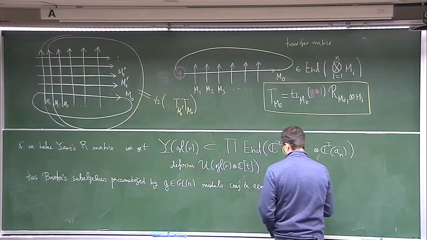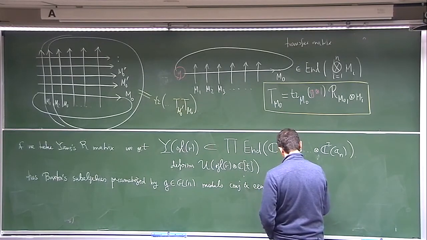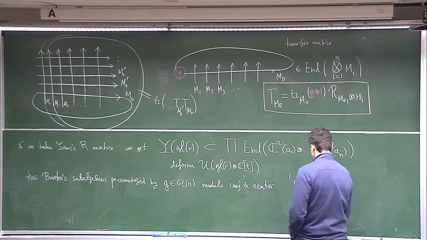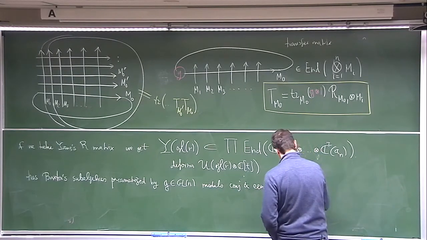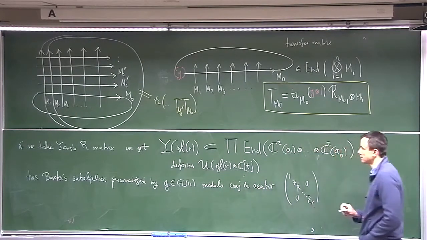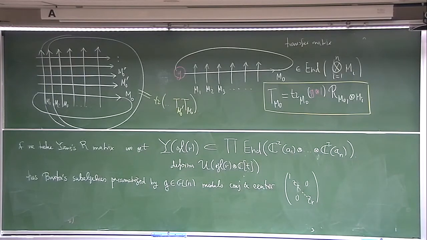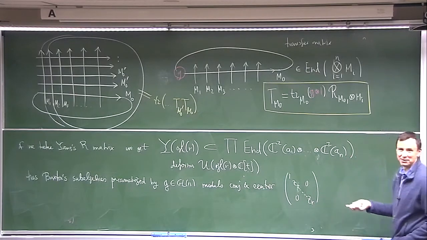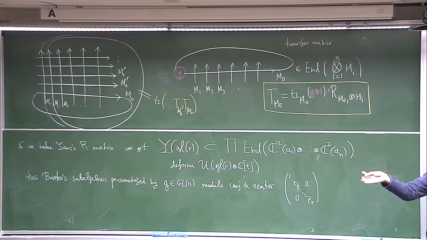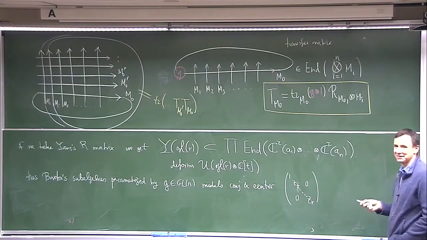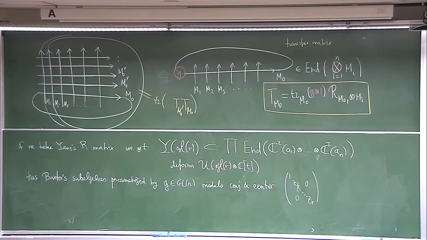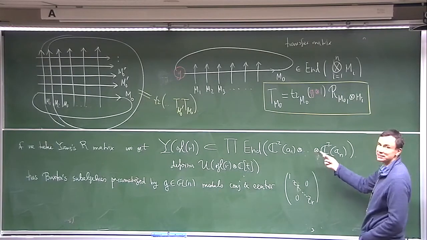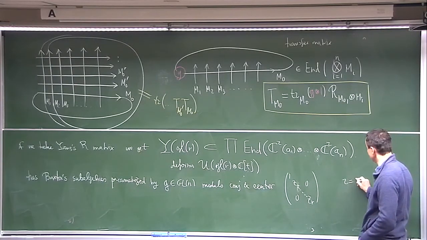So one of the interesting ones are of the form diagonal Z1, Z2, ZR. I know that not every element in GLN is conjugate to a diagonal matrix, but these are the interesting ones. And remember, we were interested in the case where R is equal to 2.